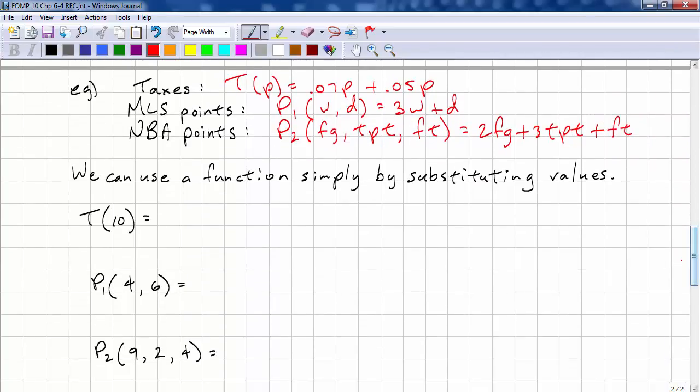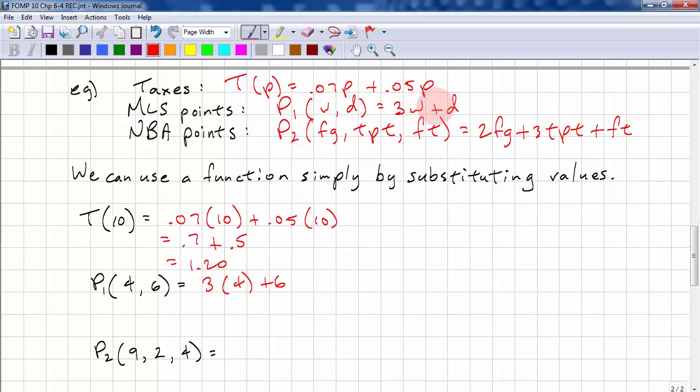And we can use our functions by plugging in a number as a parameter. So for example, if the purchase price is $10, we have 0.07 times 10 plus 0.05 times 10. We get 0.7 plus 0.5, and the taxes work out to $1.20. Okay, for an MLS team with 4 wins and 6 draws, we have 3 times 4 plus 6. We just plug it in.